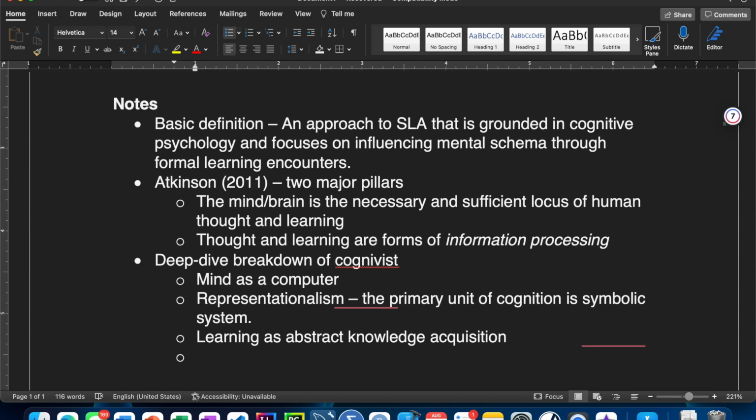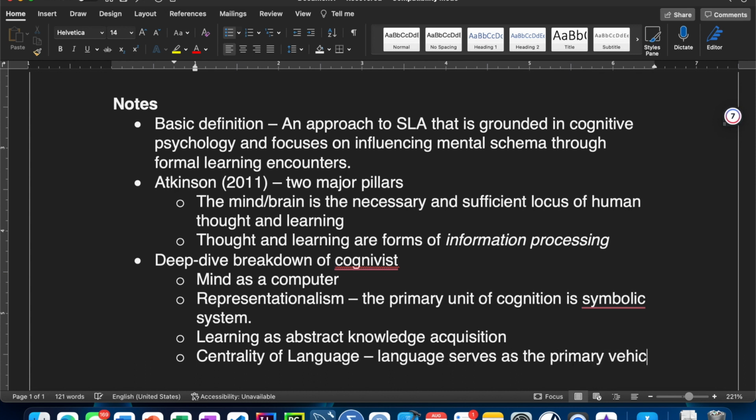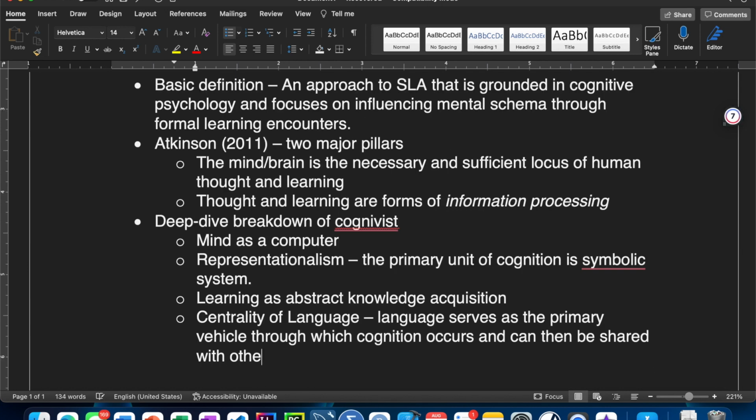Another key element of cognitivist approaches to language learning and teaching is the centrality of language, right? What we mean by this is that language serves as the primary vehicle through which cognition occurs and can then be shared with others, right?